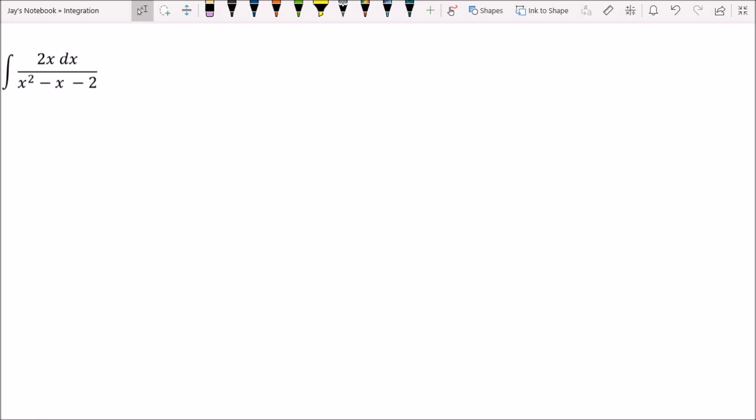So take note, when you look at this fraction, you cannot use the basic integration rules. In the basic integration rules, we have the power rule, the logarithmic rule, and the exponential rule. But in this case, we cannot actually use them in this problem.